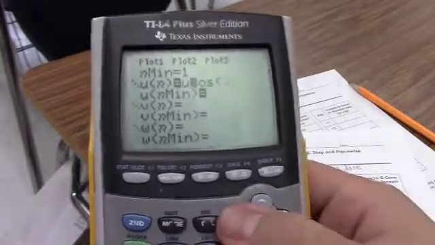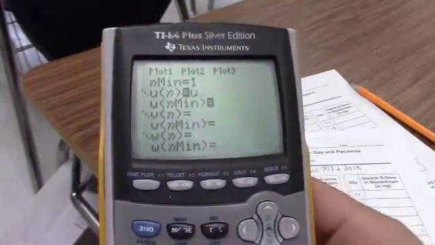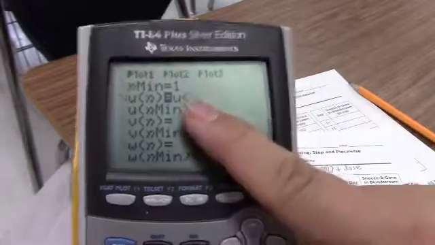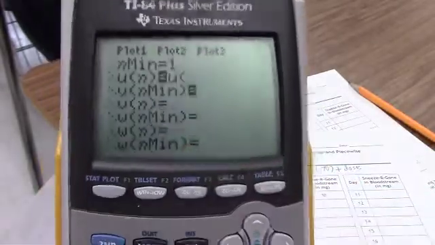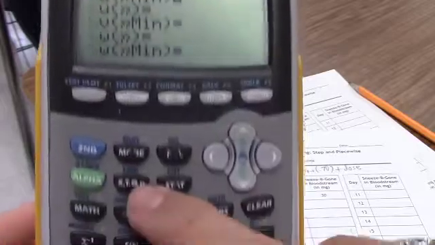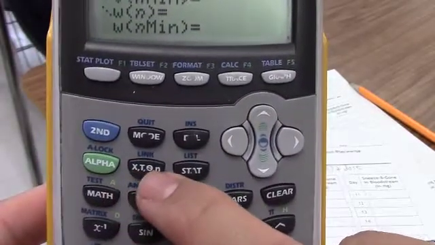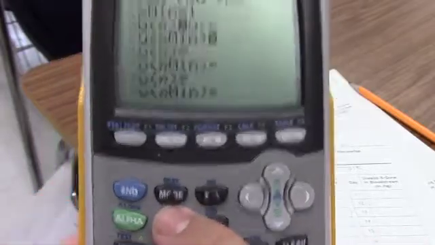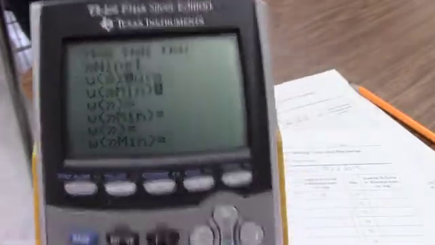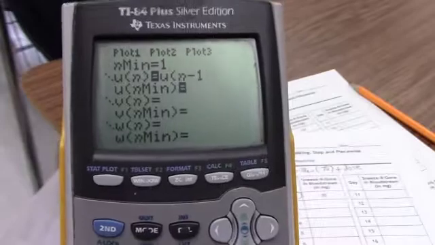Then, well, that's a long button, sorry, parentheses, because we said U sub. And if you want n, you're going to be using this button right here. See how it says x, t, theta, and n? Well, that's what we're going to be using for our x. N minus 1.